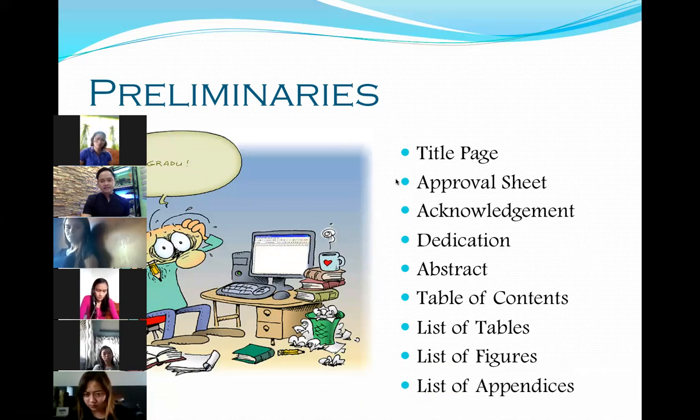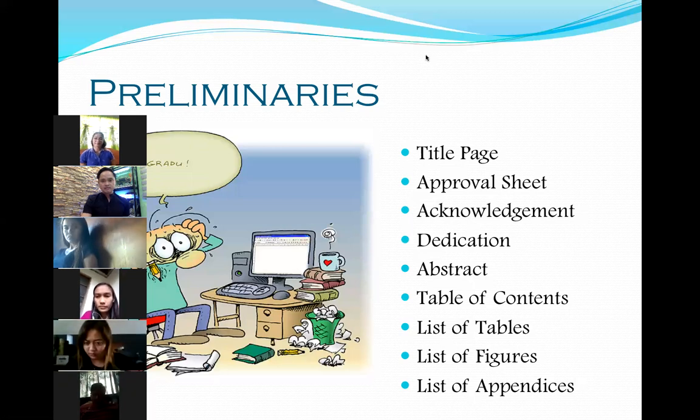These preliminary components are included if you are done with your research paper, meaning you completed your research paper. But since you are just going, this is for those who are done with their proposal defense. In your next stage of defense, final defense, these parts are expected to be present in your preliminaries.